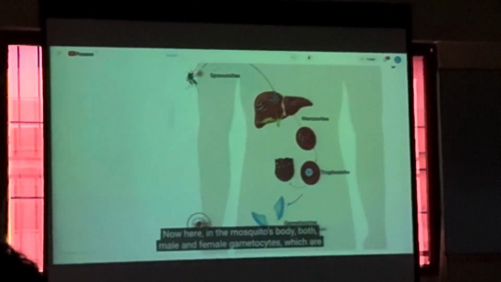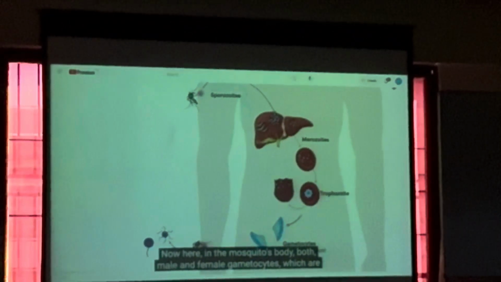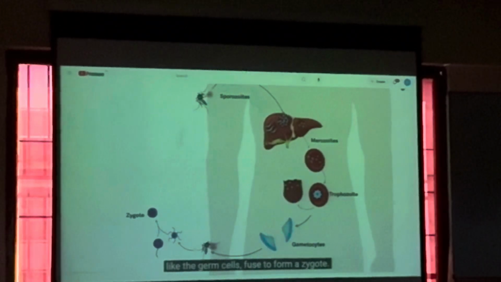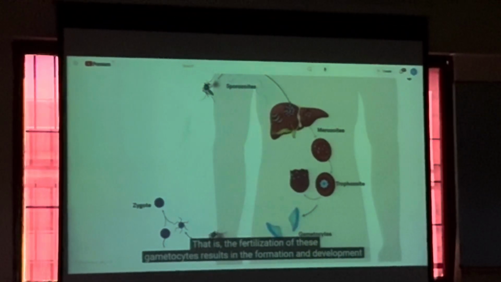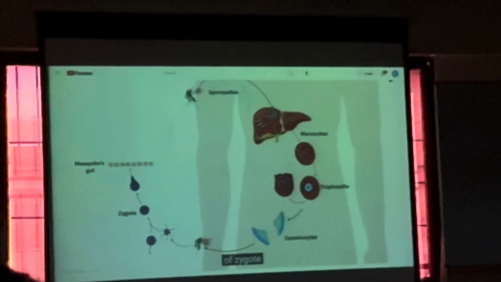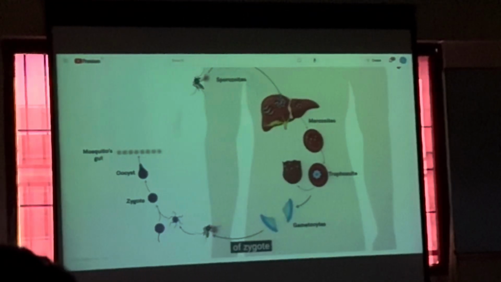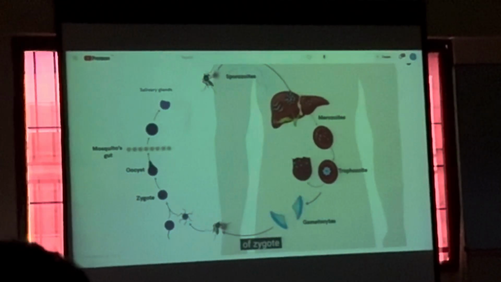Now here, in the mosquito's body, both male and female gametocytes, which are like the germ cells, fuse to form a zygote. That is, the fertilization of these gametocytes results in the formation and development of a zygote in the mosquito's gut. From here, a structure called oocyst is developed, which crosses the gut wall and reaches the salivary glands.